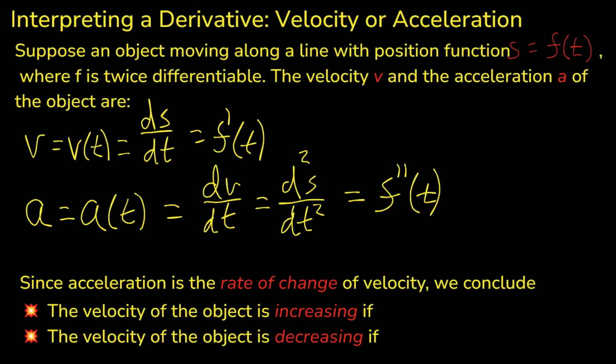So since the acceleration is the rate of change of velocity, we could say that the velocity of the object is increasing if a of t is greater than 0, and decreasing if a of t is less than 0.